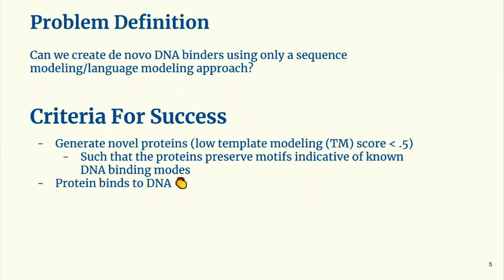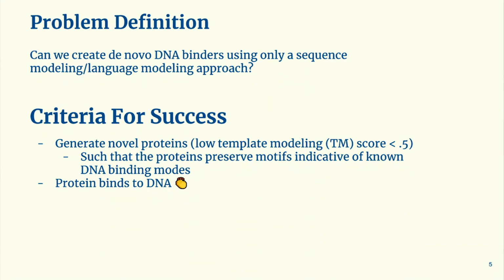As we have defined our problem, the first question is, can we design de novo DNA binders using only sequence modeling and language modeling as an approach, without using any sort of scaffolding or structural information whatsoever? We have a few criteria.